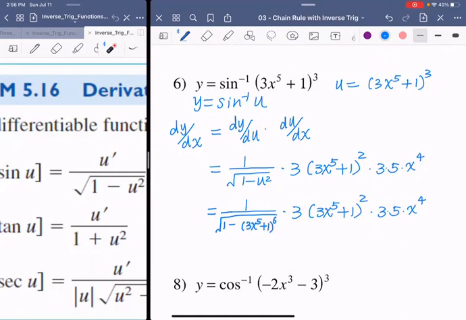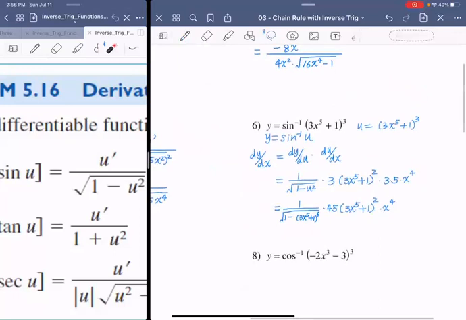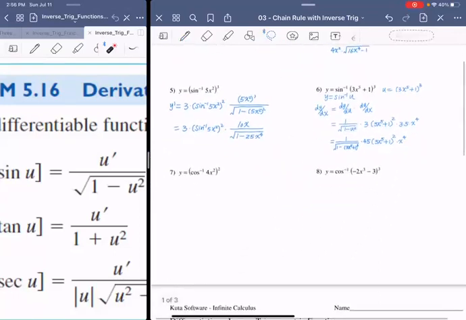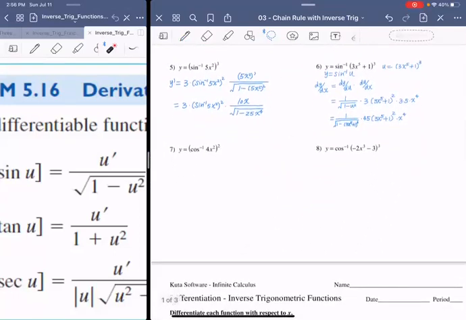Yes, power 6. And then 3 times 3 is 9, times 5 is 45. That is the answer. Yeah, you did very good. This is amazing. Thank you.